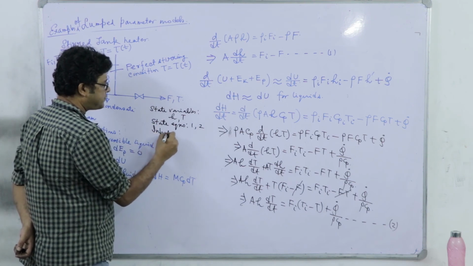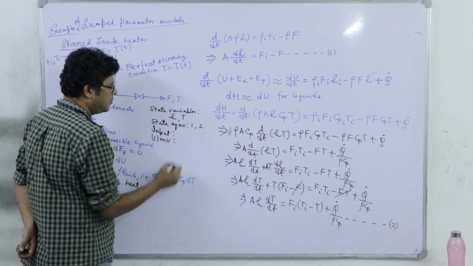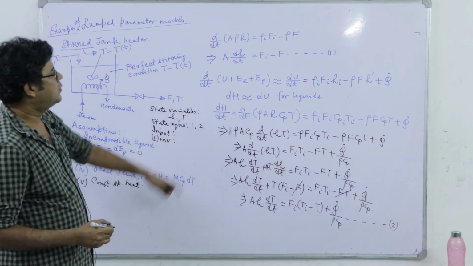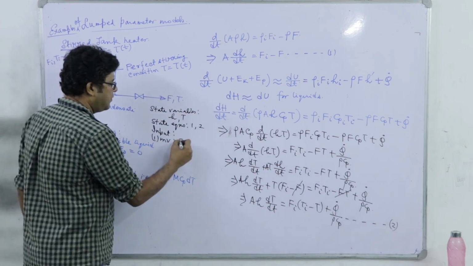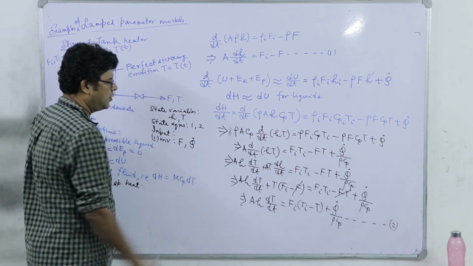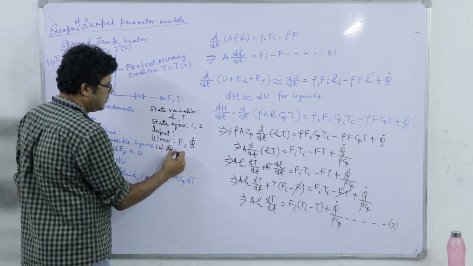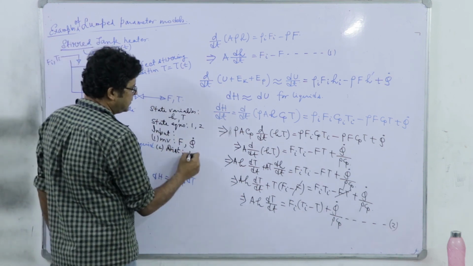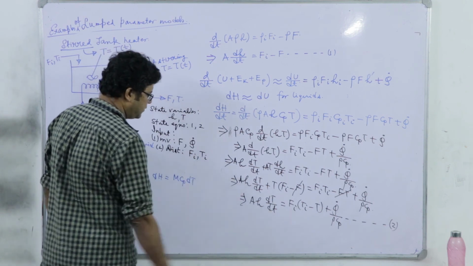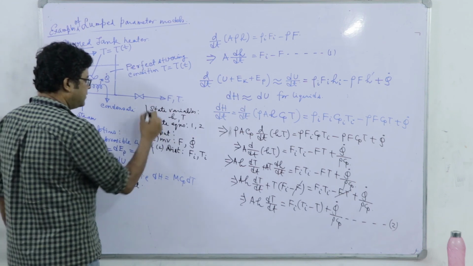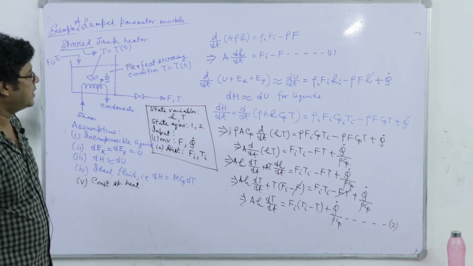Input, definitely we will have manipulated variables. What are the manipulated variables? In the first equation that's F, in the second equation that is q dot, and the disturbances, definitely in the first equation it is Fi, in the second equation both are present, and additionally Ti. So that is my summary so far without using rate laws.